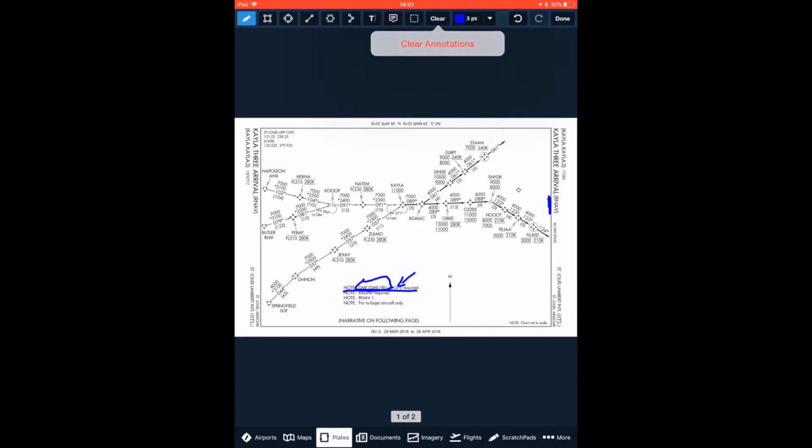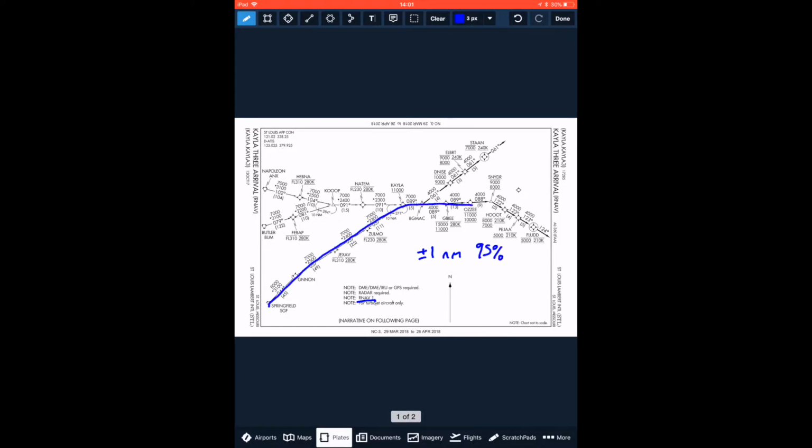And in order to fly this approach, because it is an RNAV STAR, all public RNAV STARs are what is called RNAV 1, which means that your GPS system has to keep you within plus or minus 1 nautical mile, 95% of the time. So keep you on the center line of your route, because that's where air traffic control expects you to be.